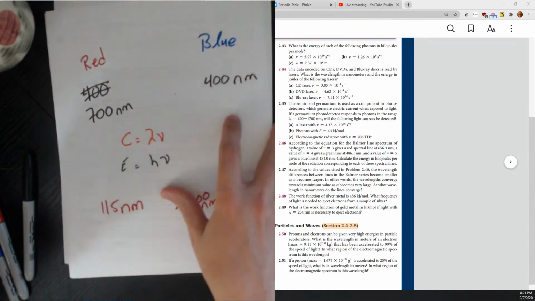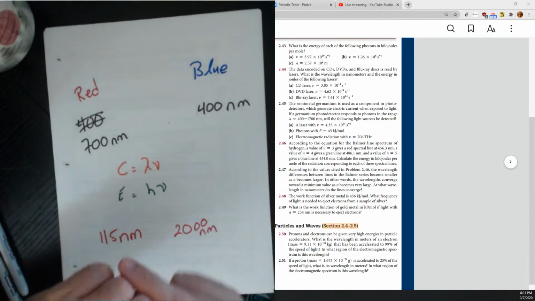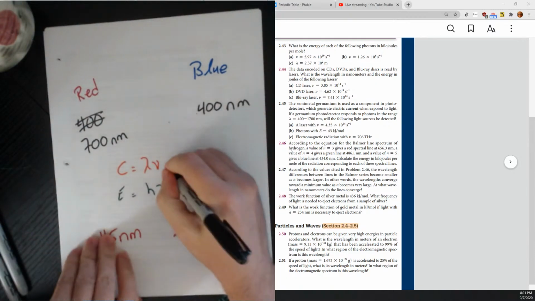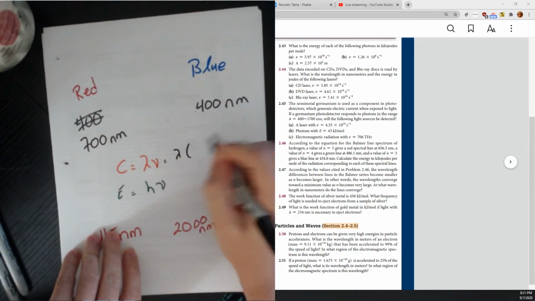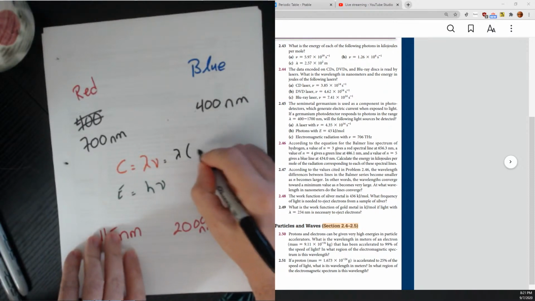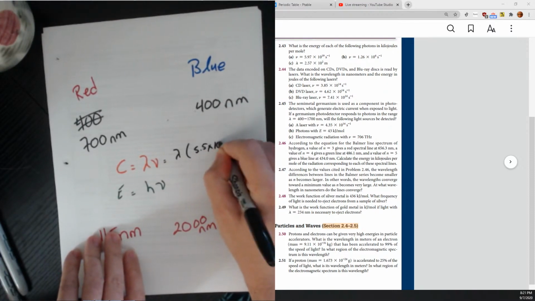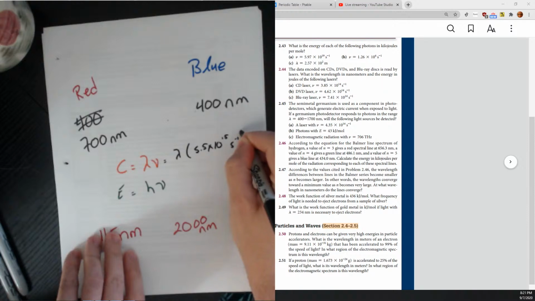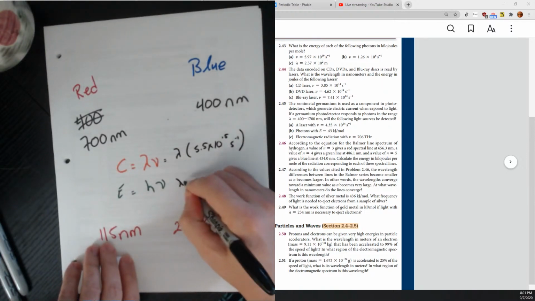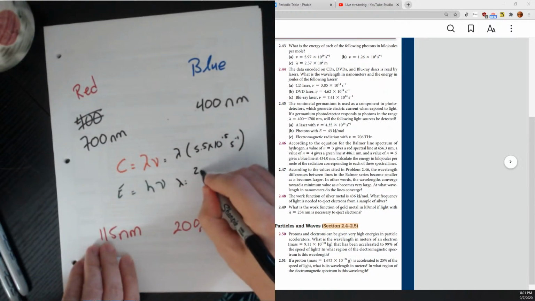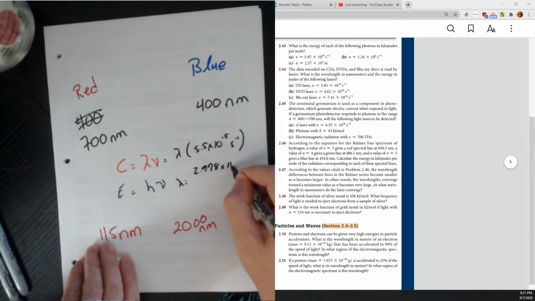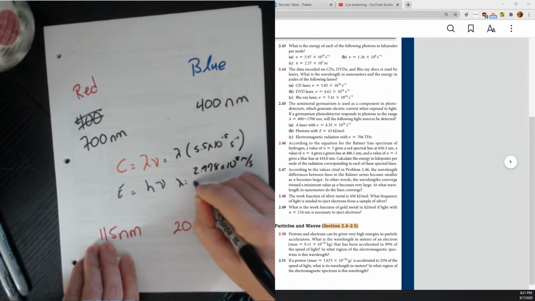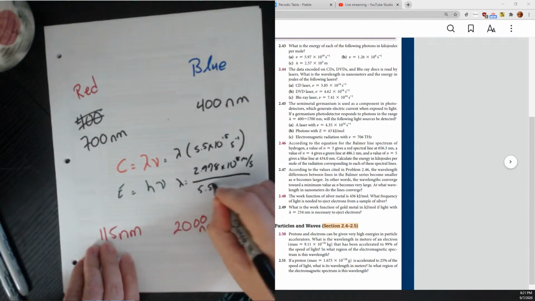So c, 2.998 times 10 to the 8th meters per second, is equal to lambda times 5.5 times 10 to the 15th per second. So lambda is 2.998 times 10 to the 8th meters per second divided by 5.5 times 10 to the 15th per second.